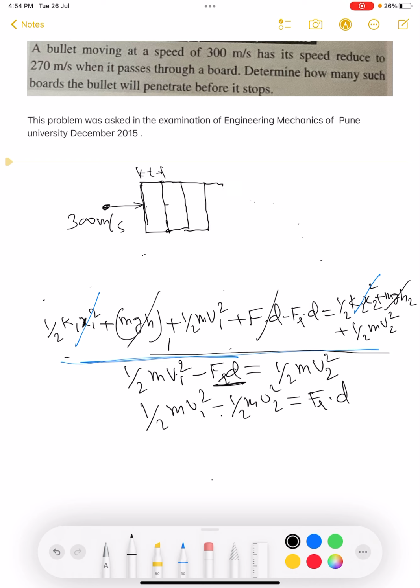And when it comes out, velocity is equal to 0, right? Let's say we are adding n such boards. Now, obviously the frictional energy spent will be n into Fr into d. Fr into d is for one board. So the frictional energy now will be n into Fr into d, right?